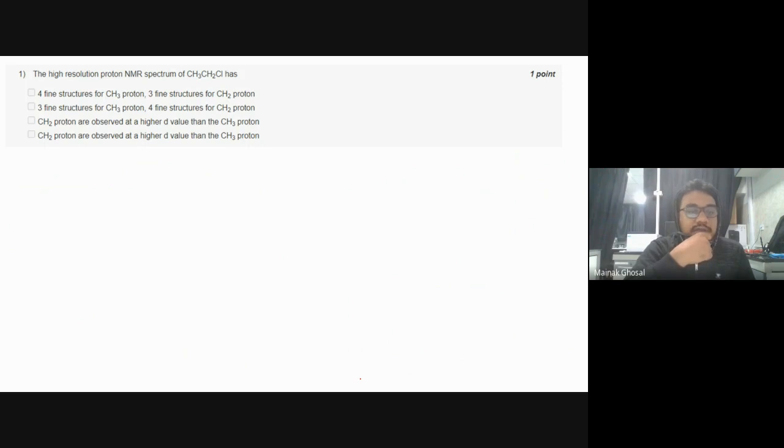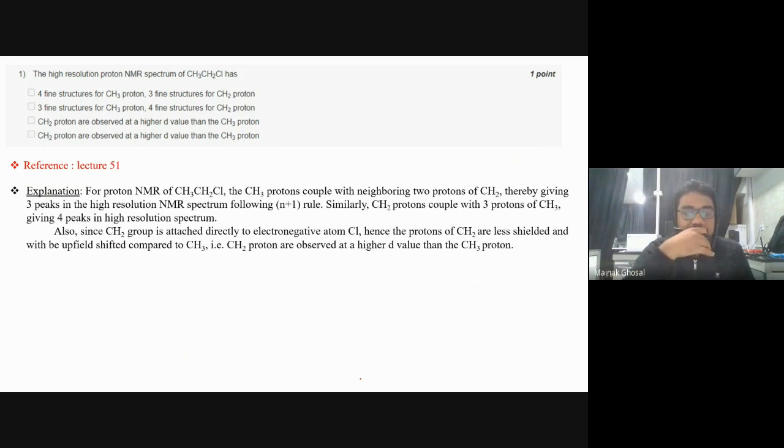You can find this answer in lecture number 51, where there was a discussion on how many signals will be there in the NMR. This is the discussion I have written here for your easy understanding.